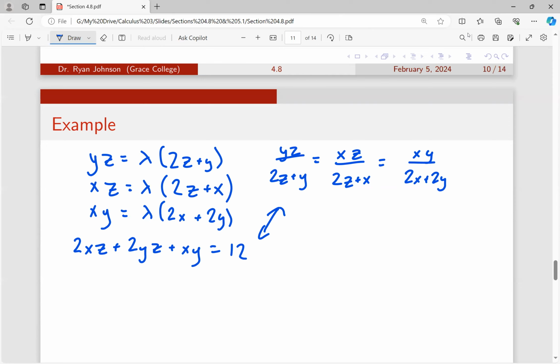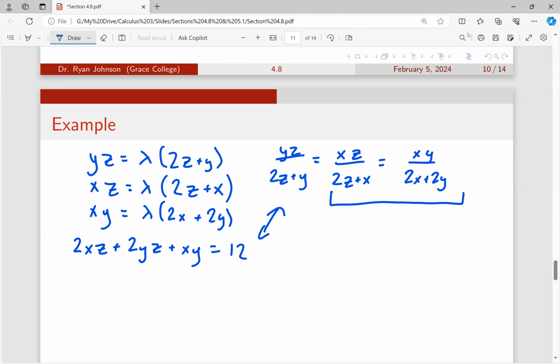So let's use some of these equations to get rid of z's. Let's use this equation. To get rid of z is to solve for z.